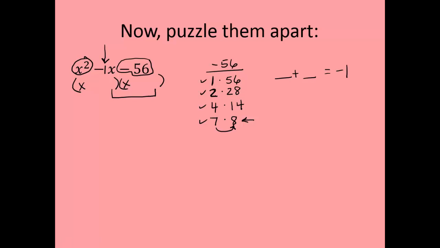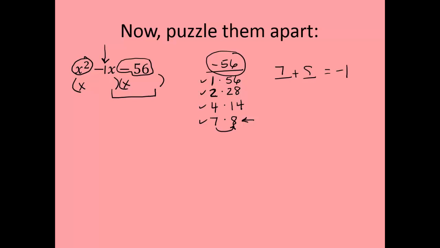So imagine that one of these numbers has to be negative. When you add a negative and a positive, it's really subtraction. So here's what I want you to look for. What two factors of 56 subtract to give you negative 1?